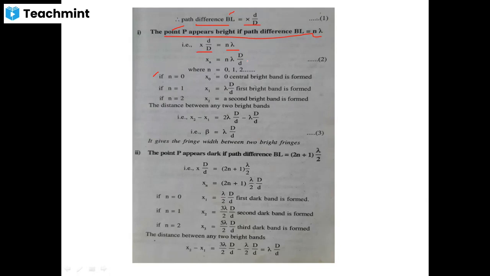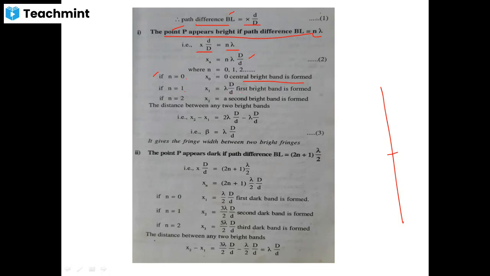This corresponds to the central bright band, that is, the middle band on the screen, corresponding to n equals 0. Then if you substitute n equals 1, it is going to be X1 equals 1 into lambda into capital D by small d.